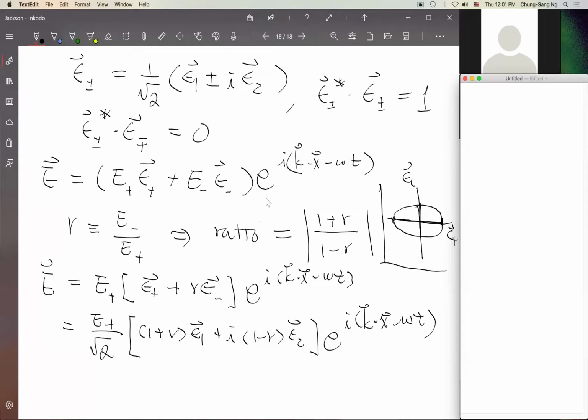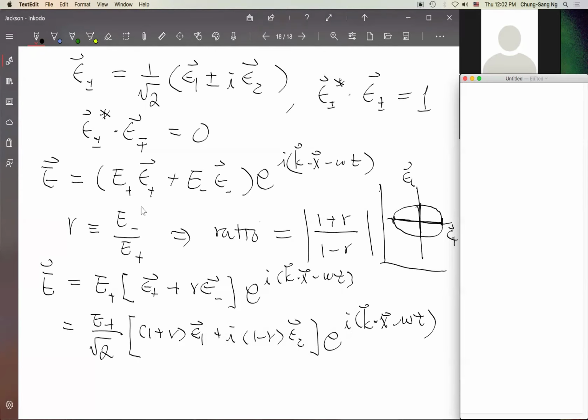So we decompose the electric field into two terms, E plus and E minus, the amplitudes in the two polarization unit vectors. So this is general: for any electromagnetic plane wave, the electric field can be decomposed in this form.